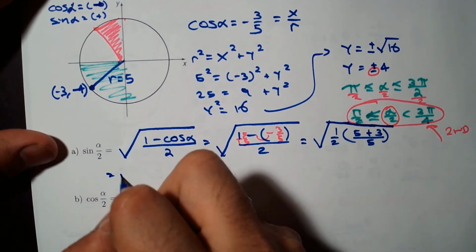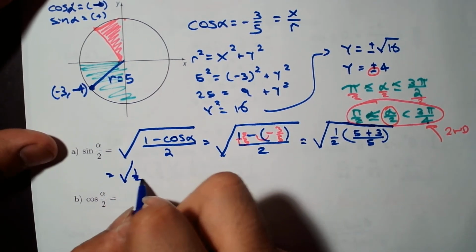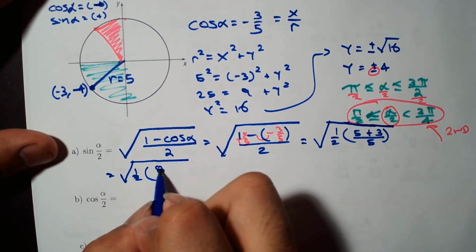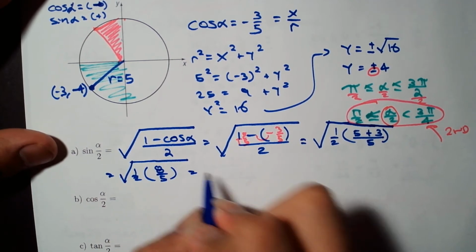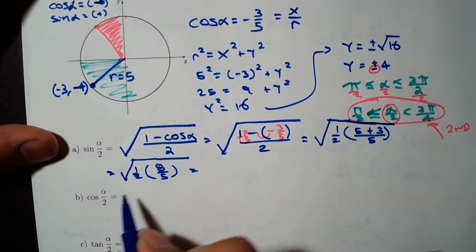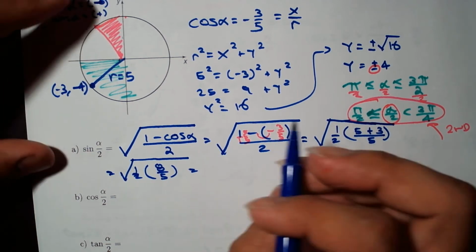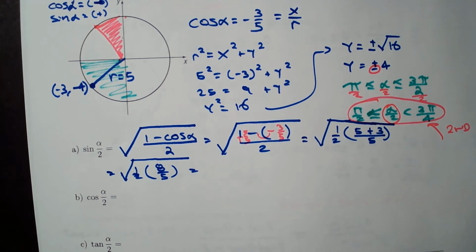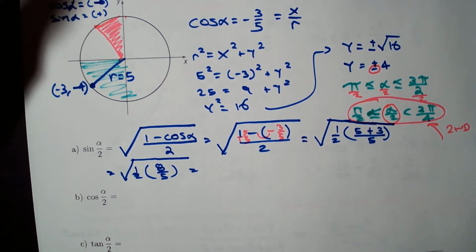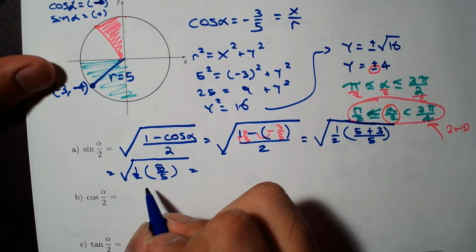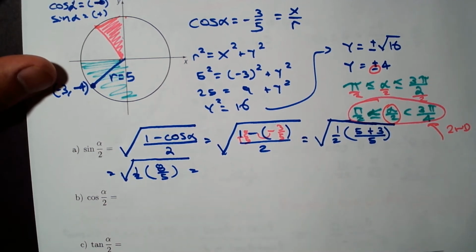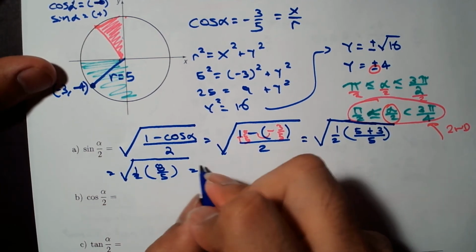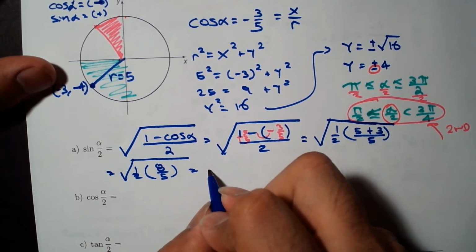So that's 1/2 times 5 plus 3 over 5, that's 8/5, which equals, 8 over 2, that's 4 over 5.